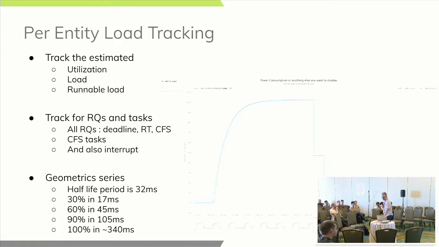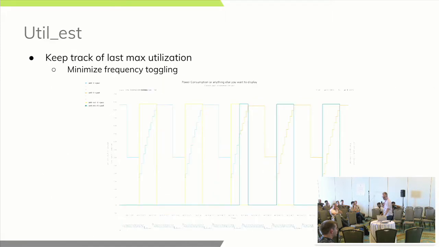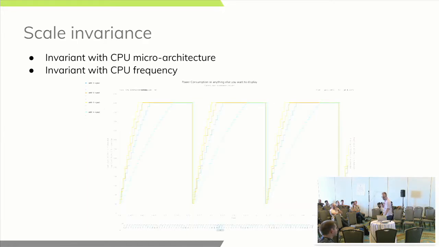We are tracking the utilization, which is the running time, the load, which is the runnable time with the priority of the task, and the runnable load, which is the time when you are runnable. I will not come back on that much, unless you need more detail, but I already explained that last time.